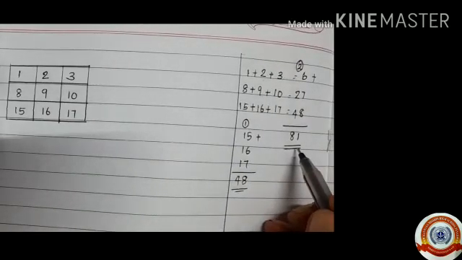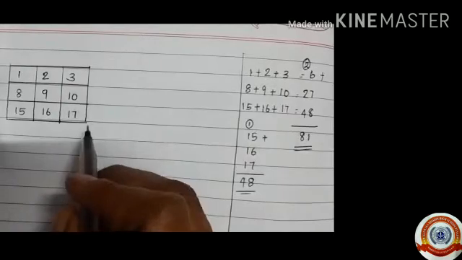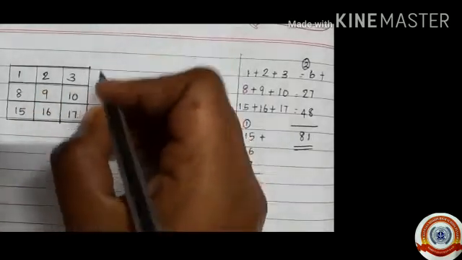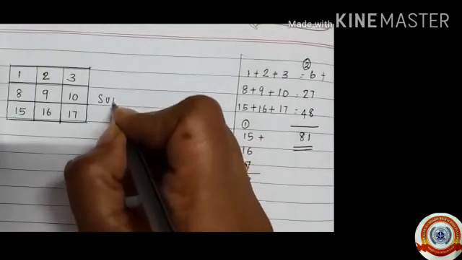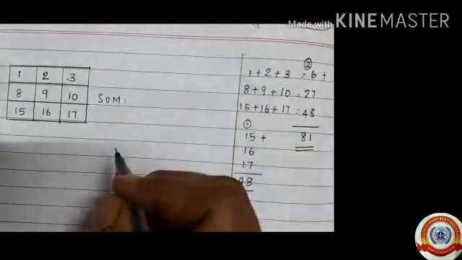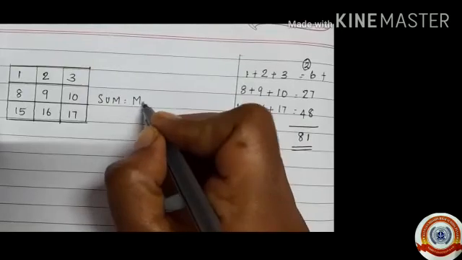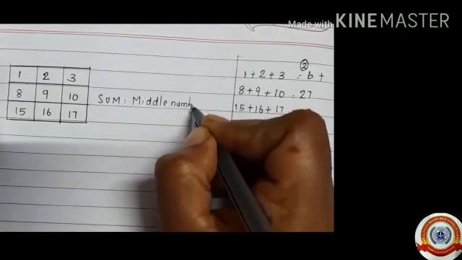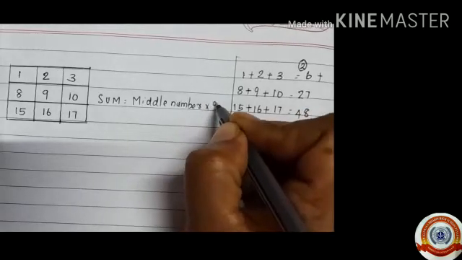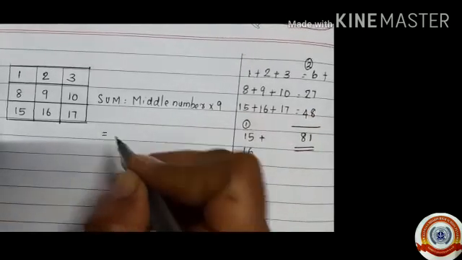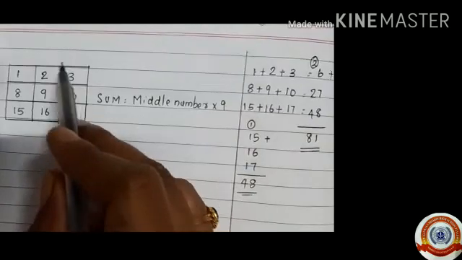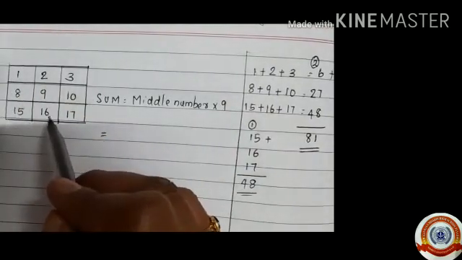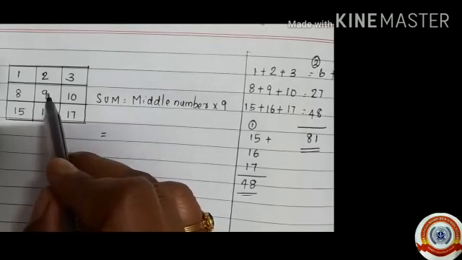Instead of adding this, there is a formula to find the sum of these numbers. That is, the formula is middle number into 9. So, here we have to find the middle number in this square. Which is the middle number here? Yes, 9.